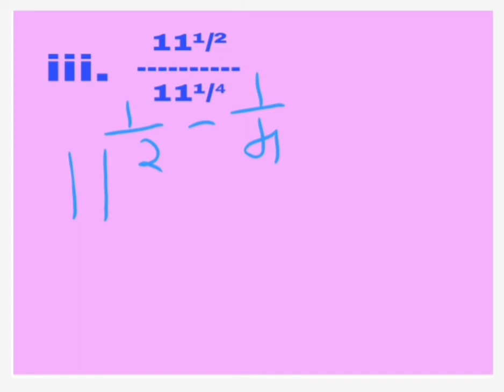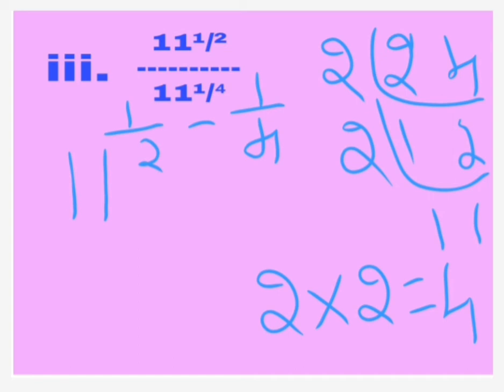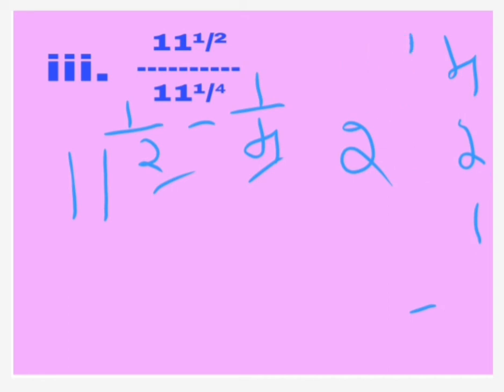So fraction subtraction: without taking the LCM, we cannot do the subtraction of the fractions. Take the LCM of 2 and 4. 2 ones are 2, 2 twos are 4, next 2, 1, 1. So LCM is 2 into 2 is equal to 4. 4 is the LCM of this 2 and 4 in the denominators of the power.